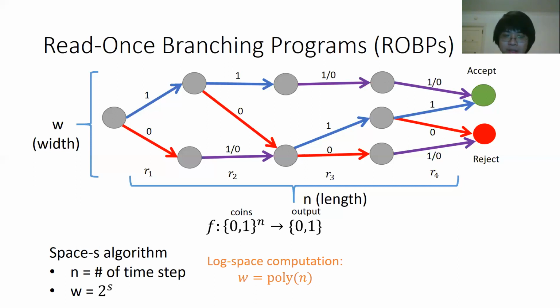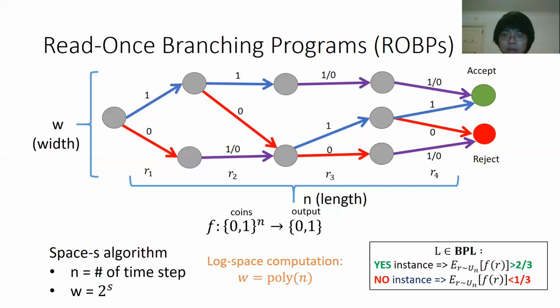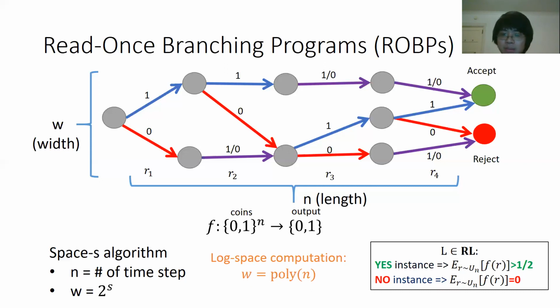Note that the expected value of this function f is equal to the accepting probability of the algorithm. So if we are able to compute or even approximate this expected value, then we will be able to distinguish a yes instance from a no instance in the BPL language. Similarly, this is also true for RL.